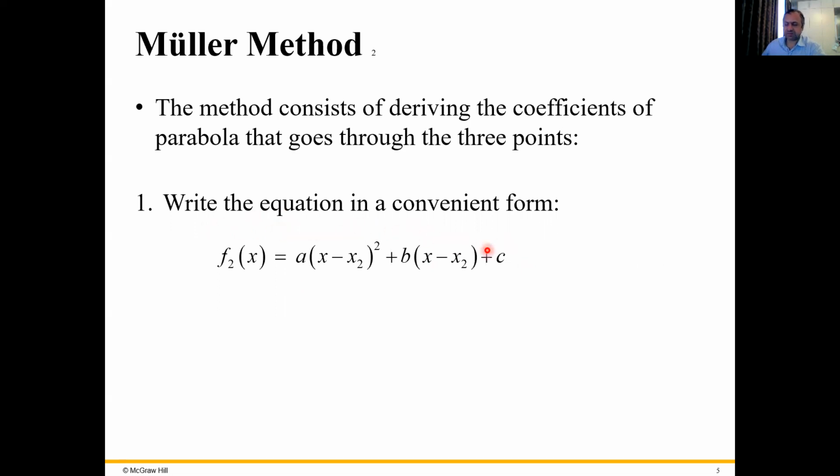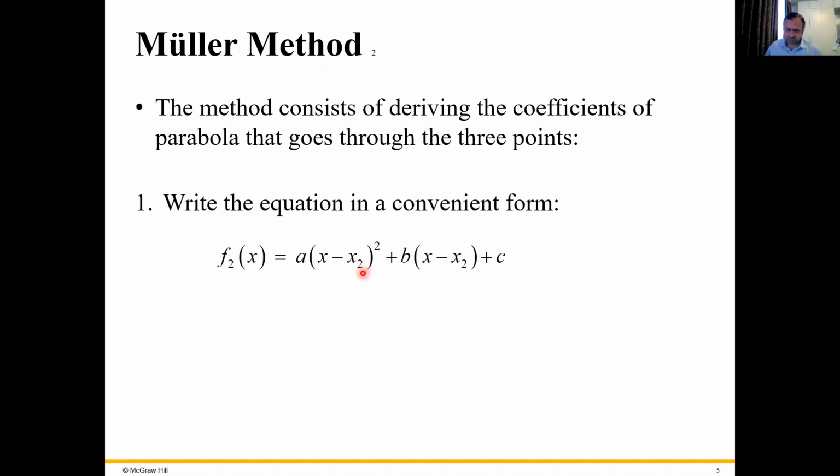But for simplification, if we replace x by x minus x2, then we can write a modified form of the function like this: f2 of x is equal to a into x minus x2 square plus b into x minus x2 plus c. This function is of the same general form, ax square plus bx plus c. The only difference is that we have replaced x with x minus x2.